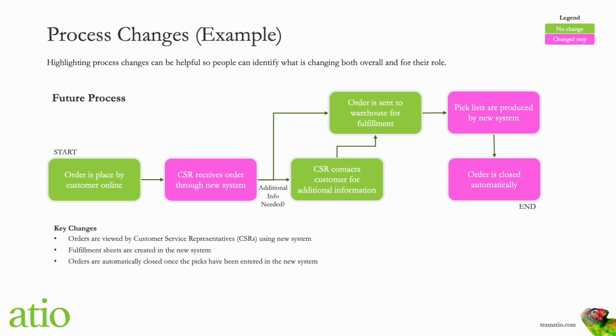This is one technique looking at process changes, making the process itself simple, so either bringing it to the key activities or breaking it down to the main steps, and then highlighting what is actually changing using colors, and then also on the screen using a section to summarize the key changes.